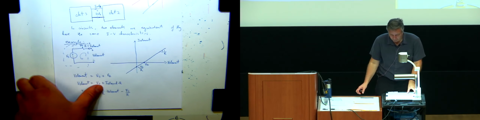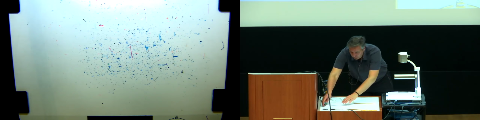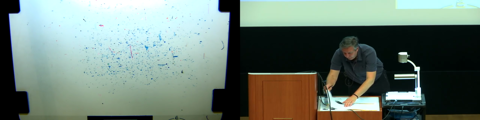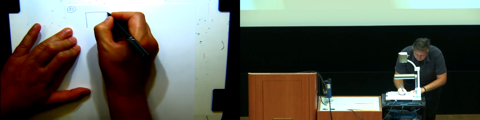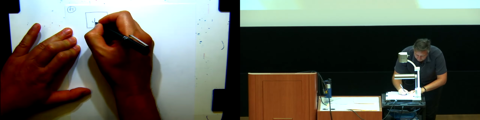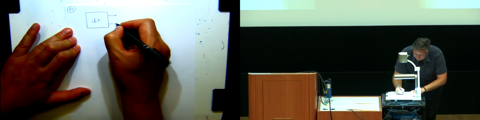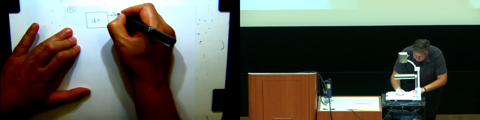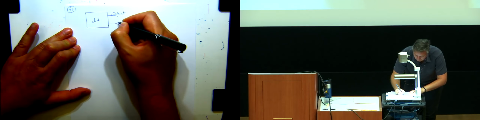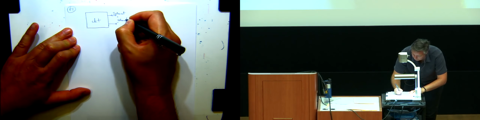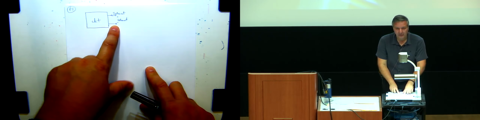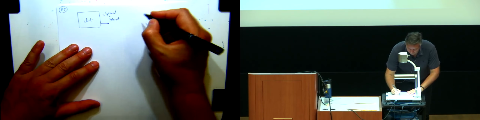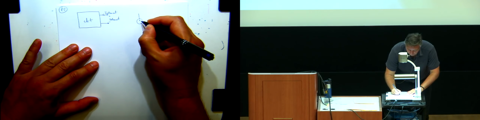Okay, so just more general. Let me just grab some paper. Let's generalize this a little bit. So if we have a circuit and it has I element, V element, I can always represent the behavior of this with a circuit that has 2 degrees of freedom, meaning 2 parameters.